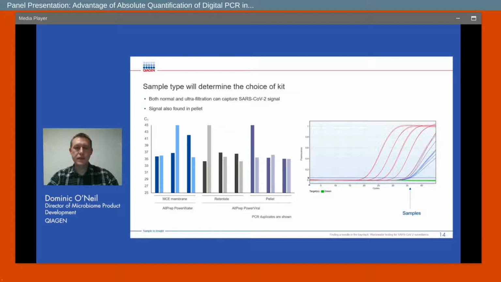Here you can see that we attempted to extract SARS-CoV-2 from samples concentrated over mixed cellulose membranes, ultrafiltration retentates, or through spinning down and processing the pellets. And we get similar detection from this wastewater sample in any of the three methods. So any concentration method is theoretically compatible with our IRT kits and can be recommended.